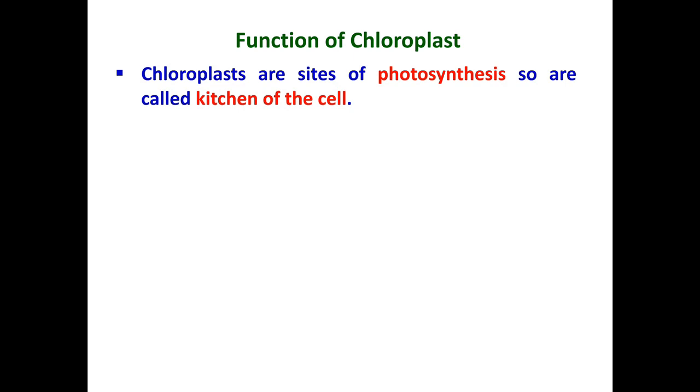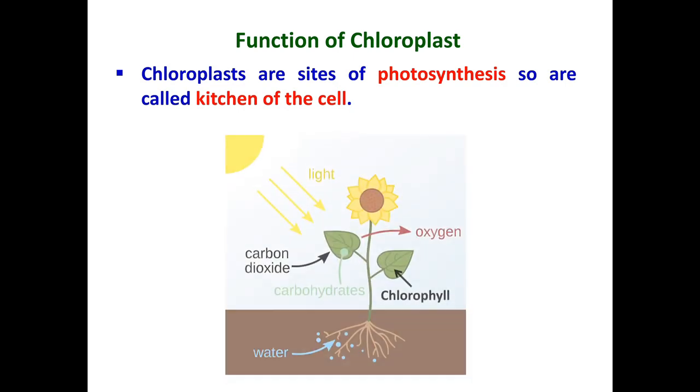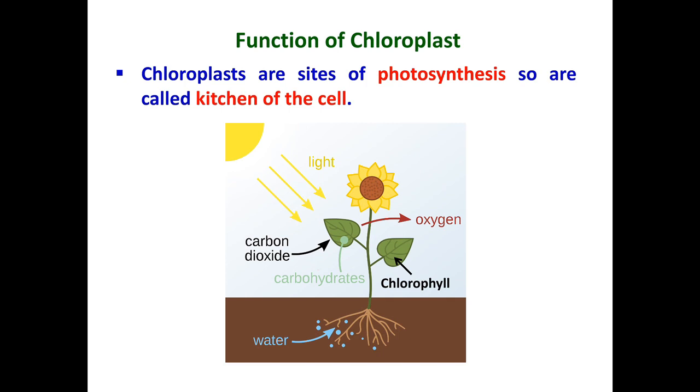Dear students, in your lower classes you have already learned photosynthesis as a life process in plants through which they can synthesize their own food in the form of carbohydrate from carbon dioxide and water in presence of sunlight and chlorophyll pigment, and these chlorophyll pigments are actually found inside the chloroplast of leaf cells.